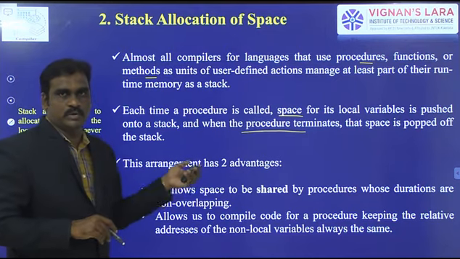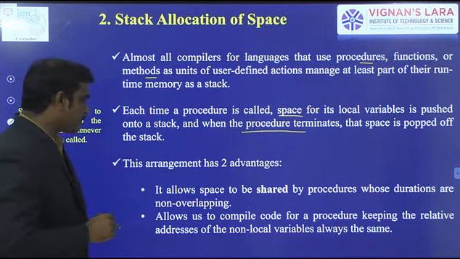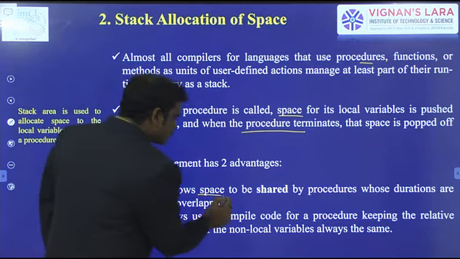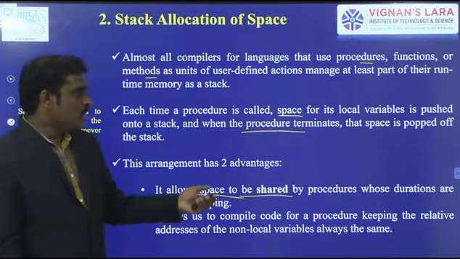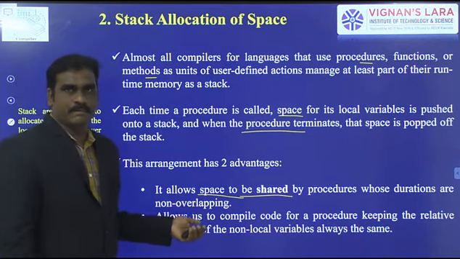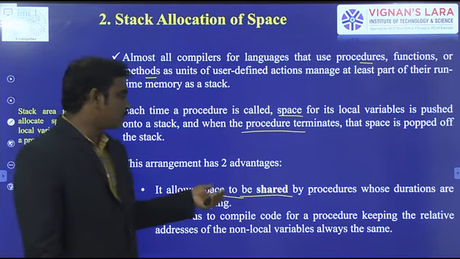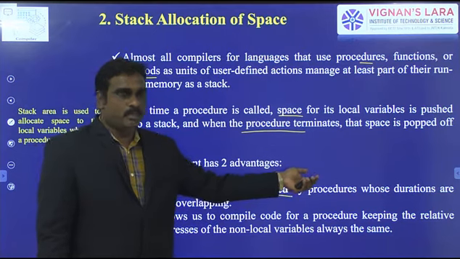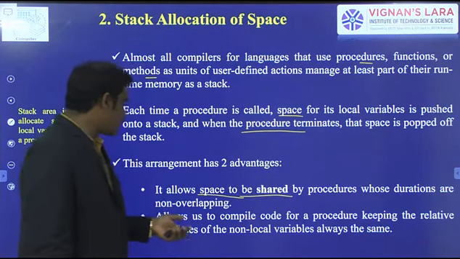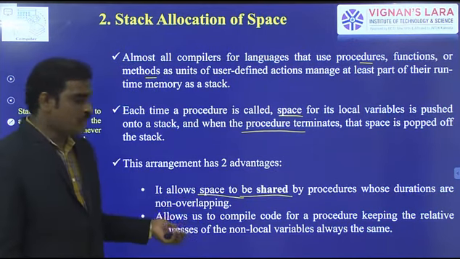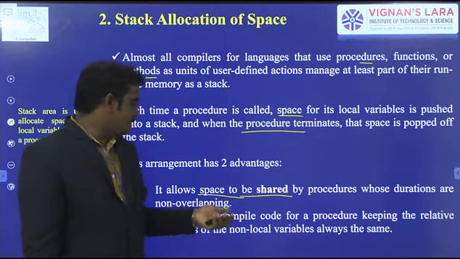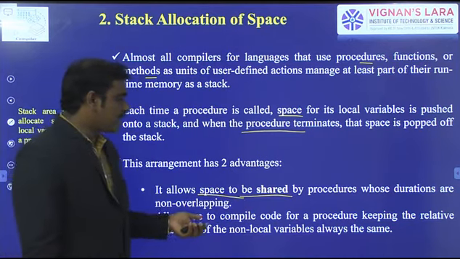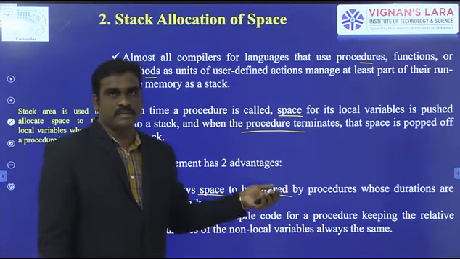The stack has a total of two advantages. One is it allows space to be shared by procedures whose durations are non-overlapping. And also it allows us to compile code for a procedure keeping the relative address of the non-local variables always the same.